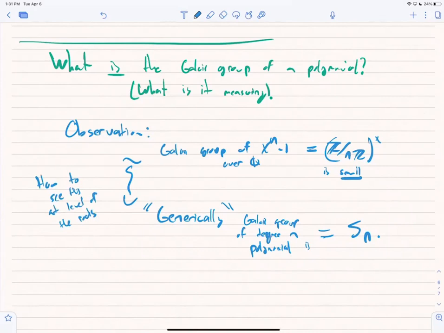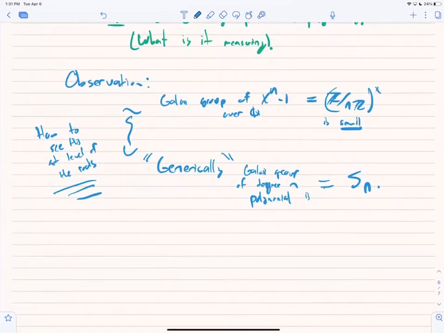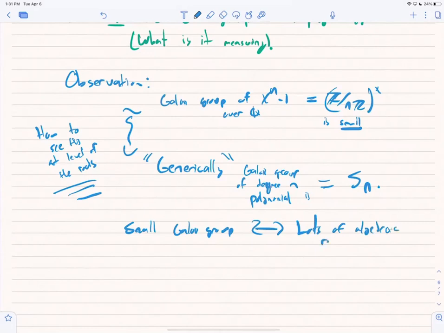And the point is exactly this thing I said earlier about roots of unity being special, because they satisfy algebraic relations between each other. So the point is that a small Galois group corresponds to lots of algebraic relations between the roots.